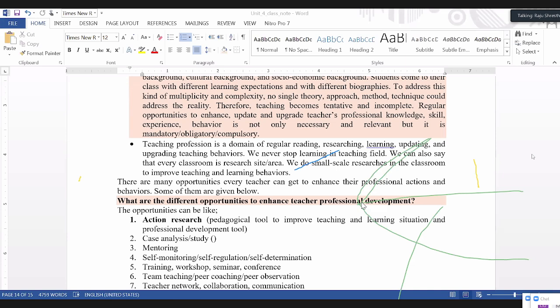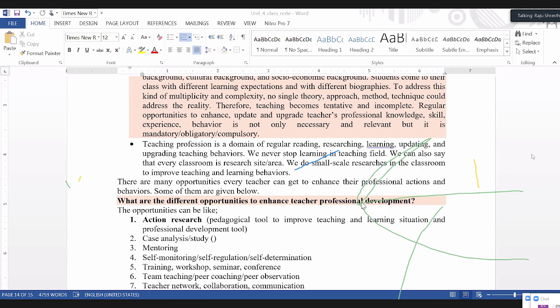Professional developments, of course, they are different, and to some extent they can overlap in their meaning. CPD, continuous professional development, is regular updating, upgrading, and enhancing their professional knowledge and behavior. This is continuous professional development, it has to keep going. It is not such an activity which starts and ends in a formal training.